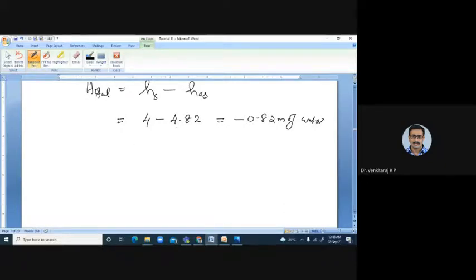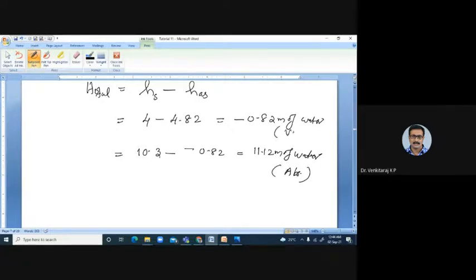Again, you can express this as absolute, equal to 10.3 minus 0.82. So this will be equal to 11.12 meter of water. So this is absolute.